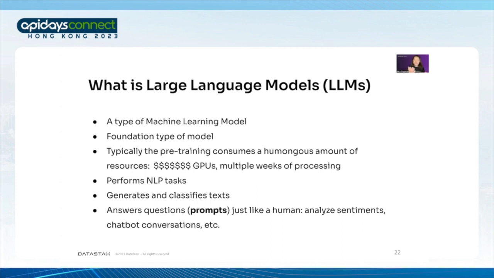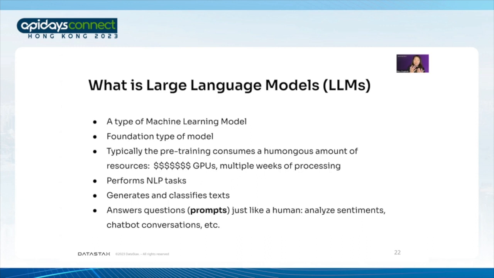As you can see, it takes at least multiple weeks, if not months, of processing. And it costs a lot of money too. So it's not something normal people do. It's usually done by OpenAI or some large organization that has investment from multiple companies, huge corporations.